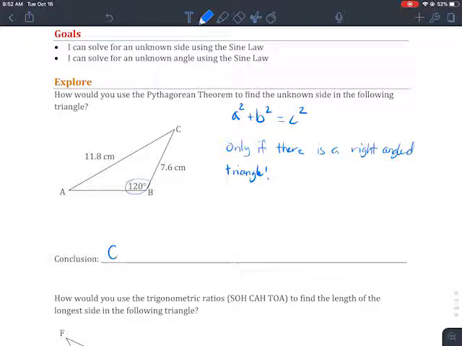So in this case, we can't use the Pythagorean theorem. It's a big problem. I can't find the unknown side using all of the things that I know.